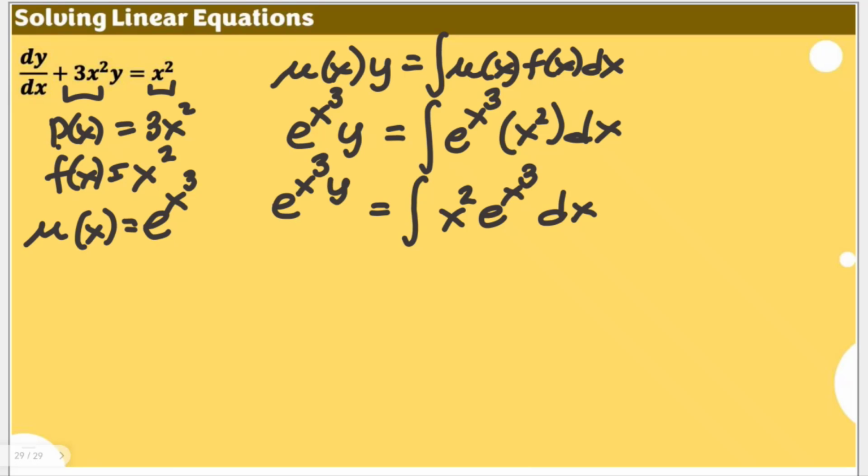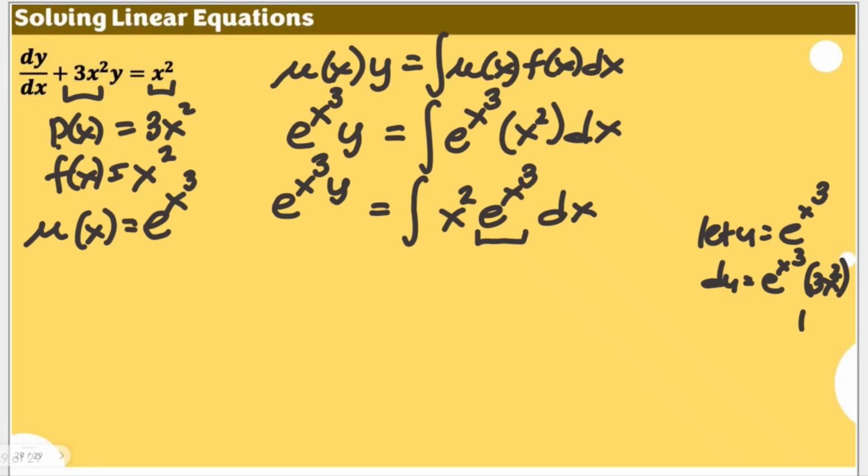Looking into this one here, we could actually not use the idea of integrating by parts anymore, because if we take this as our u, let u be e to the power of x cubed, our du is actually e to the power of x cubed times the derivative of the exponent, which is 3x squared, then dx. We already have x squared here, so we don't need to jump into integrating by parts.